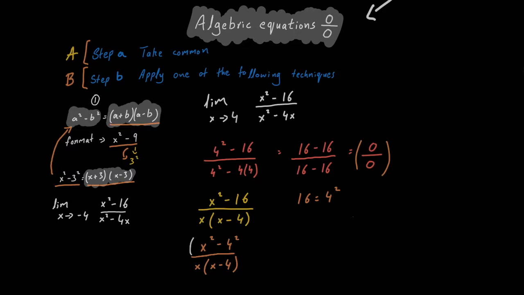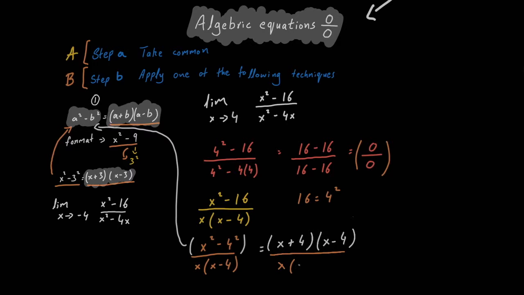Now you can see that in the numerator we have reached this format, a square minus b square. So we will elaborate it by writing x plus 4, x minus 4 divided by x minus 4.